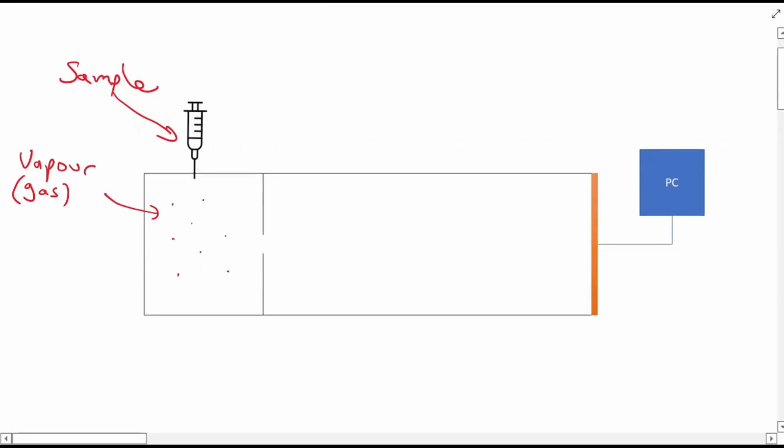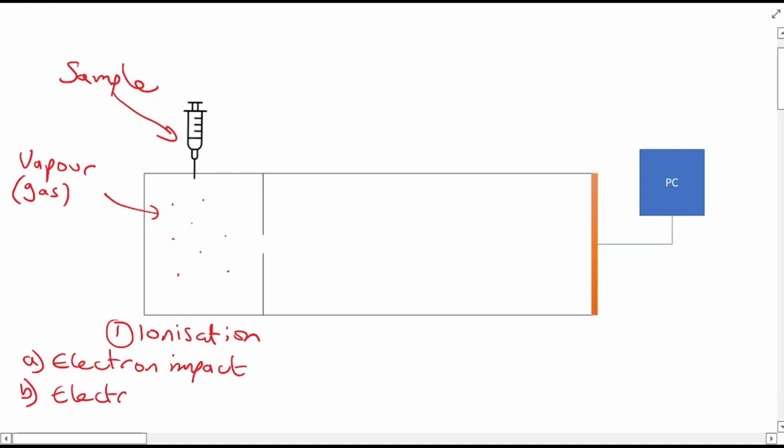So how does that happen? Well, the first step is called ionization. Now, ionization can happen in two ways. One, we can use a thing called electron impact. And two, we can use a technique called electrospray ionization.